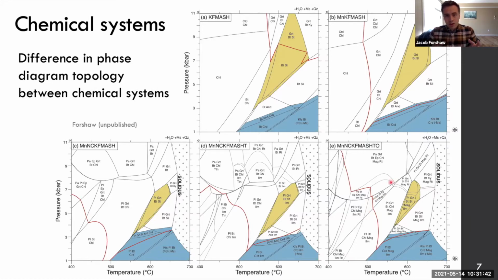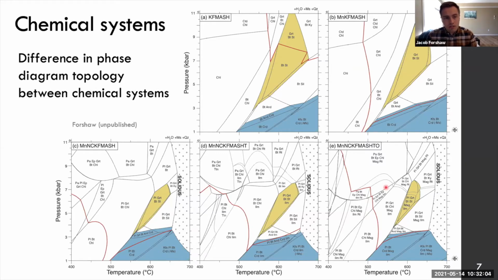So the big takeaway from this is that you get more of these small fields in which you could place your pressure-temperature estimate. The question is whether or not they're really that useful to you, and how dependable are these small fields between ilmenite and rutile and magnetite and these iron-titanium oxide phases.